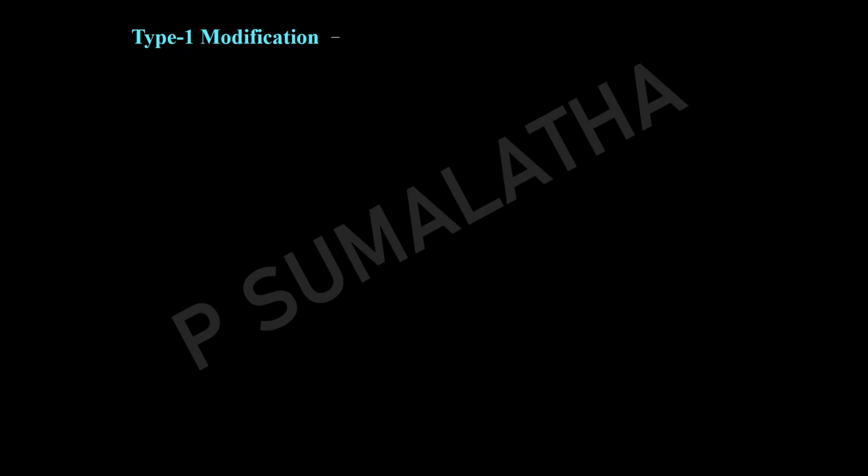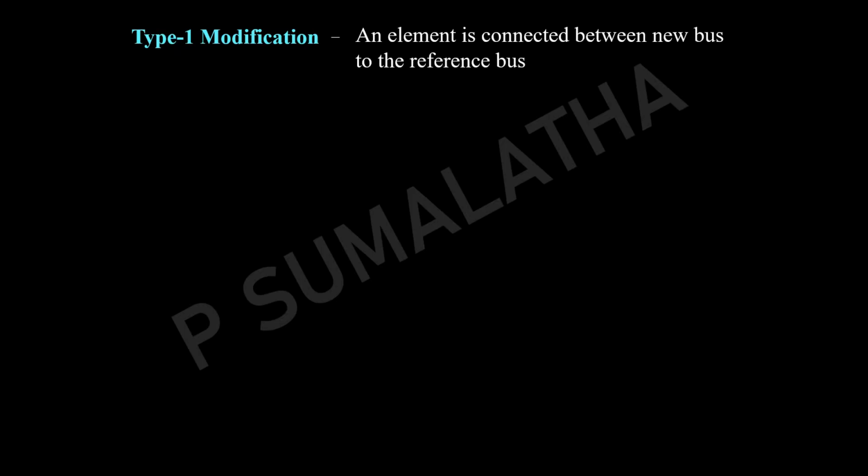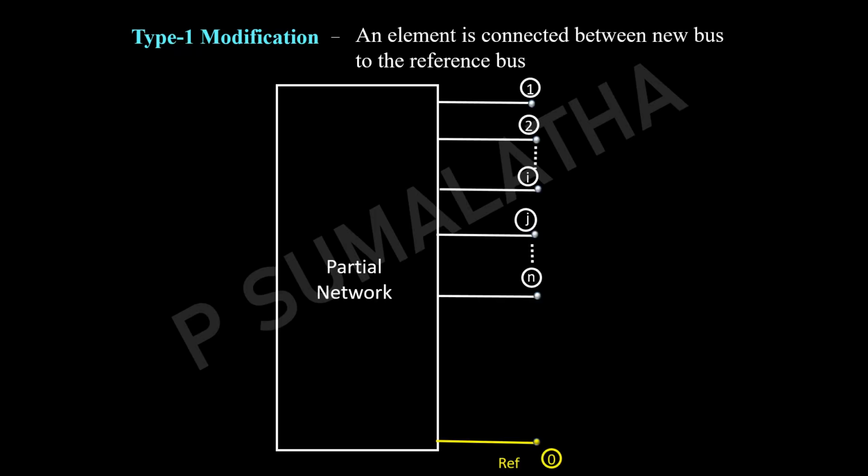As I said, the type 1 modification is when an element is connected between a new bus and the reference bus. So let us consider the partial network. Now we have a partial network where nodes 1 to n already exist. We are connecting an external element between a new bus and the reference bus.